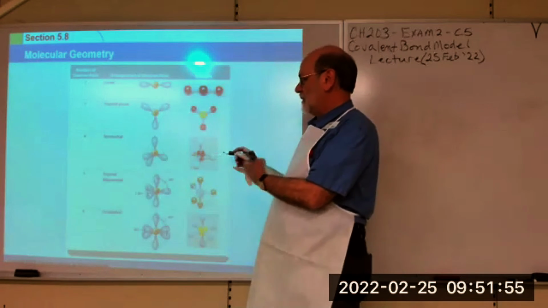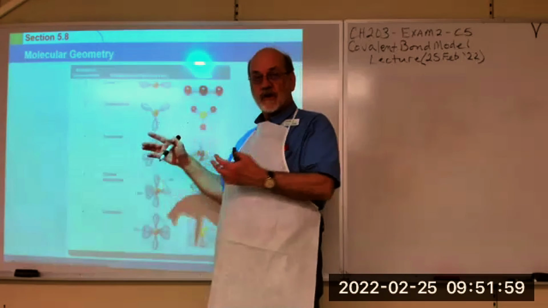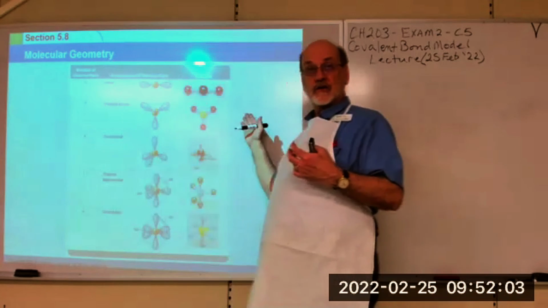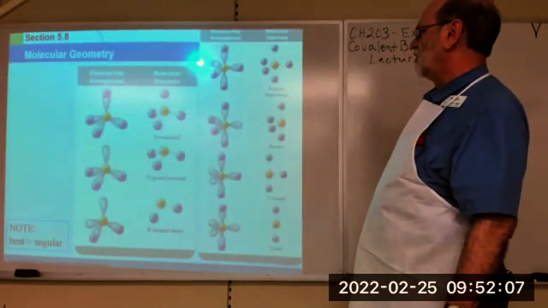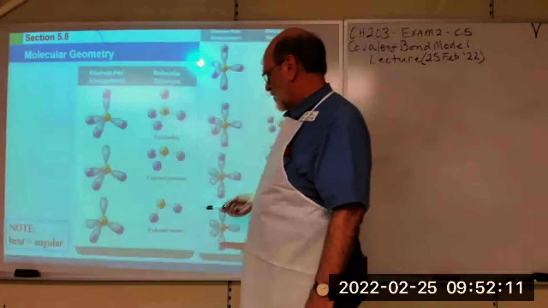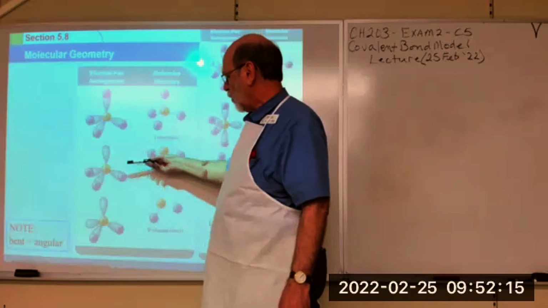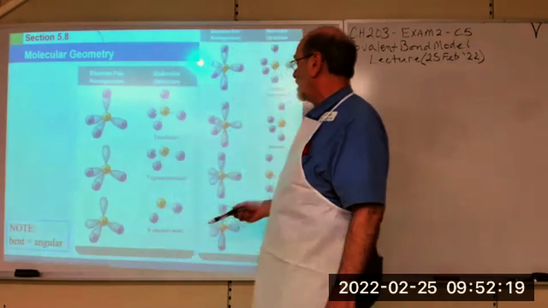It's only when we have lone pairs involved in this arrangement that you have a deviation from the electronic structure to the molecular structure. I think it's on the next slide. And we showed examples of these already, right? If you've got 1 lone pair, here's trigonal pyramid. If you've got 2 lone pairs, it's bent.